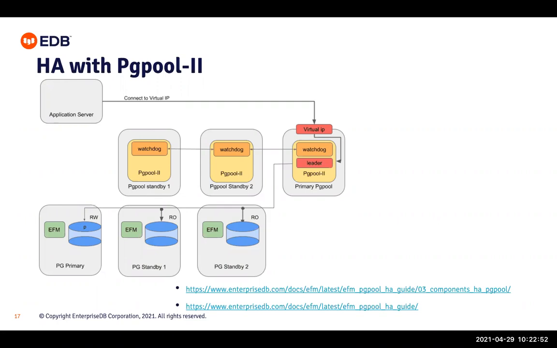Your application will be connecting using virtual IP, and then PG pool configuration will be sending read and write workload to the primary and standby servers. And here are the links from EDB's documentation that talk more about the high availability using PG pool and EFM.